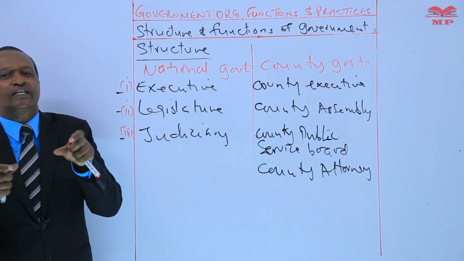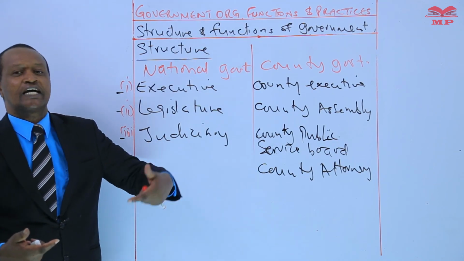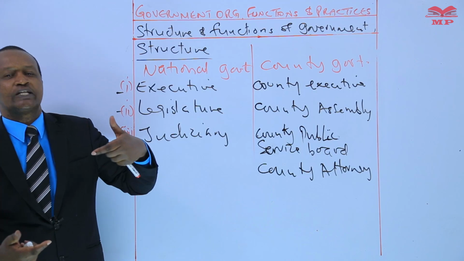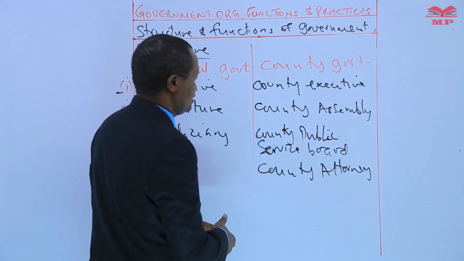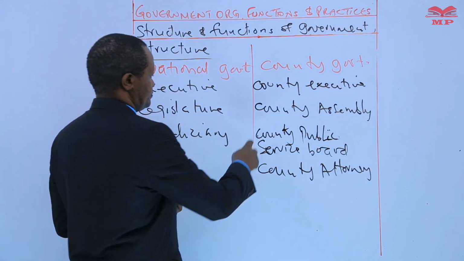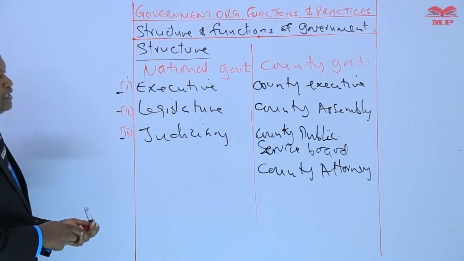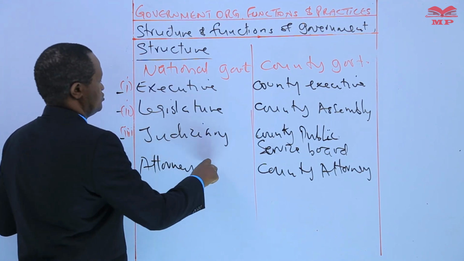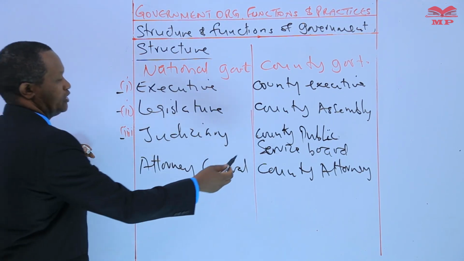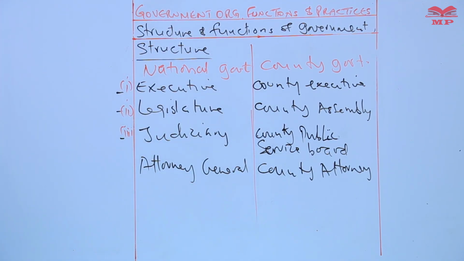He represents the county government in legal proceedings and advises the county executive and also the county assembly on matters of law. Just the same way we have the Attorney General at the national level, we have the county attorney at the county level.